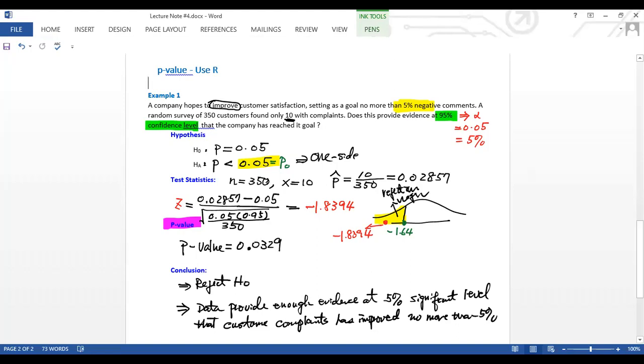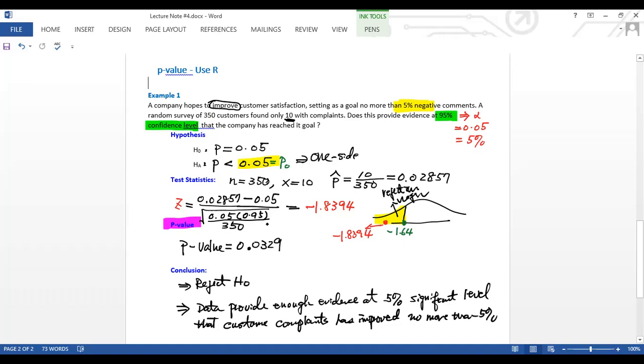We said the alpha value is a threshold for the p-value, right? So if the p-value is less than that, then we know we reject the null hypothesis. So of course, we will reach the same conclusion. That is how you use the TI calculator to help you get the p-value. You see it's a pretty easy thing.